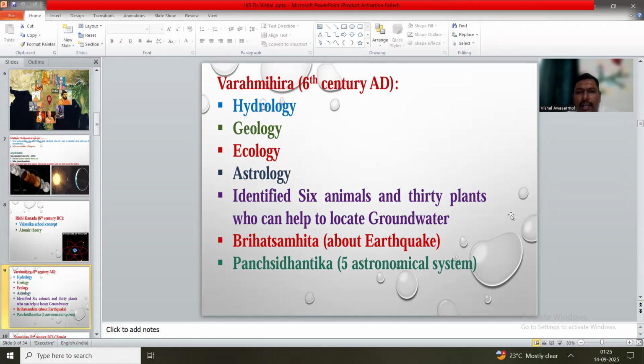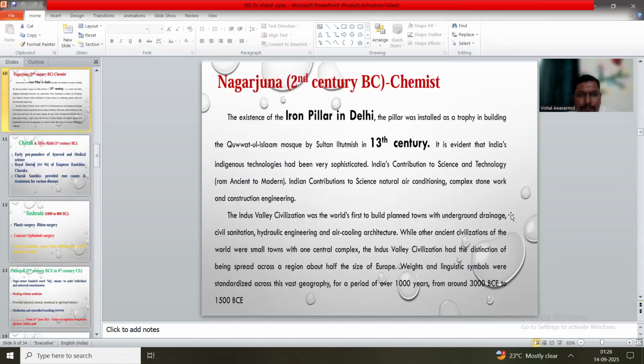He identified 6 animals and 30 plants which can help to locate groundwater. Brihat Samhita about earthquakes. Siddhantika for astronomical system.